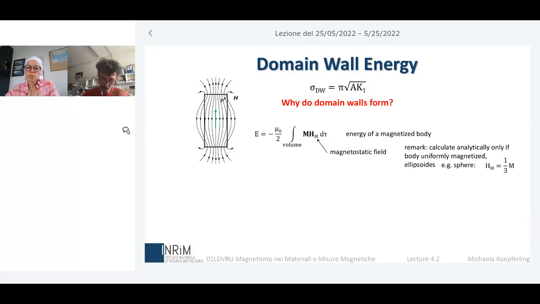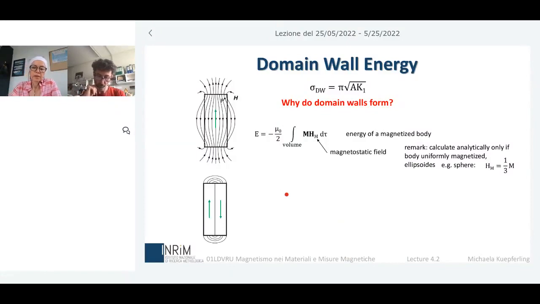You can also describe this mathematically. Of course, you saw already that the demagnetizing field cannot be calculated very easily analytically, but in simple cases it can, and these are ellipsoids, for example, and for a sphere there's a simple expression where this demagnetizing field is minus 1/3 times m.